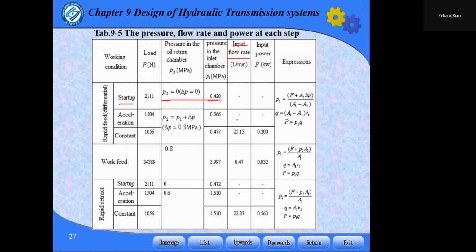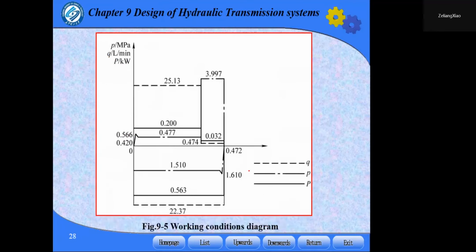Flow rate, we calculate this one. Different processes there, input flow rates are different. Input power, and we also calculate the work efficiency level, which is similar to the above figures.